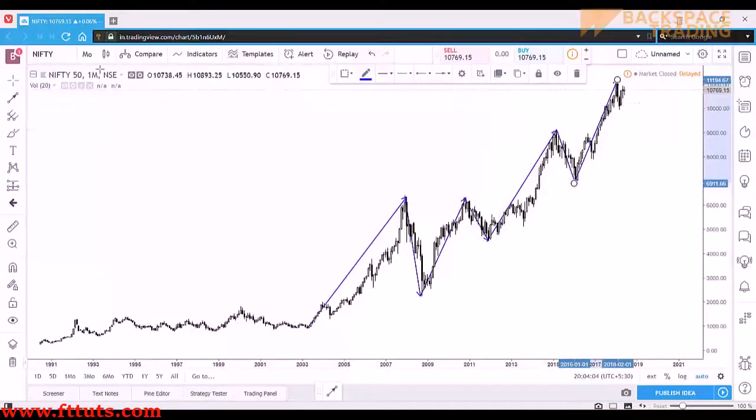Okay, now let's, before that, if you see, by the definition, if you get a series of higher highs and higher lows, it is termed an uptrend, right?